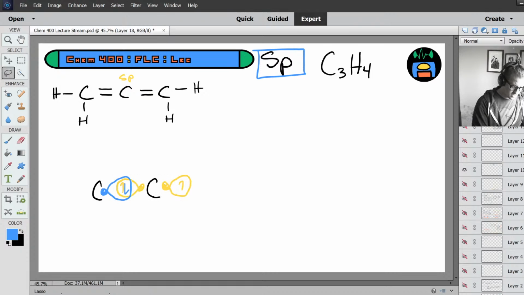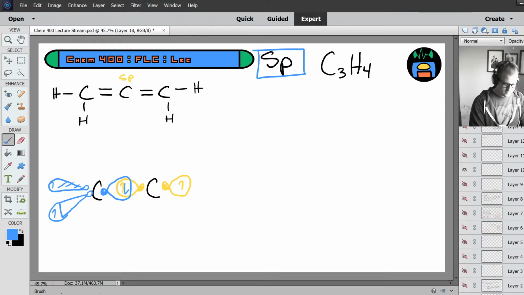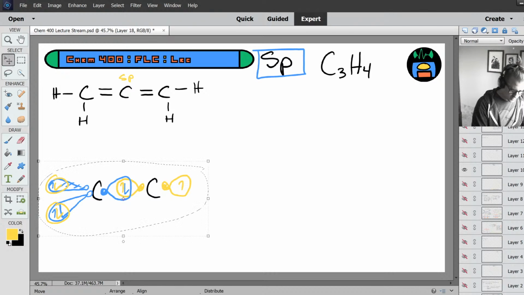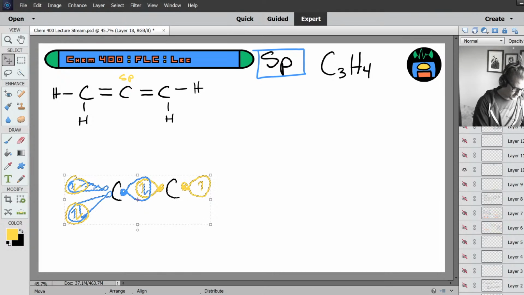And then it's going to form two more sigmas with hydrogens on wedges and dashes. Right, so these hydrogen atoms are going to come in, making carbon-hydrogen sigmas. I'm going to scoot this over. I keep running out of room. That should be enough.